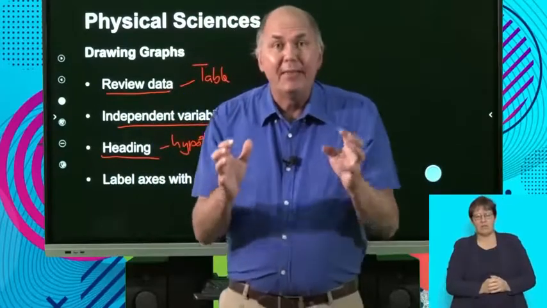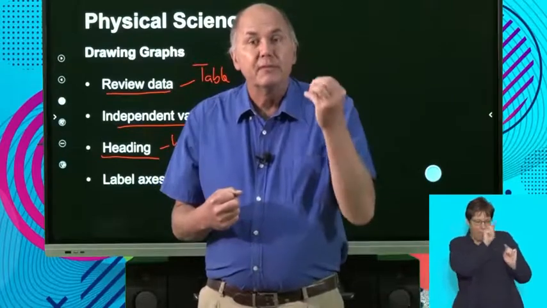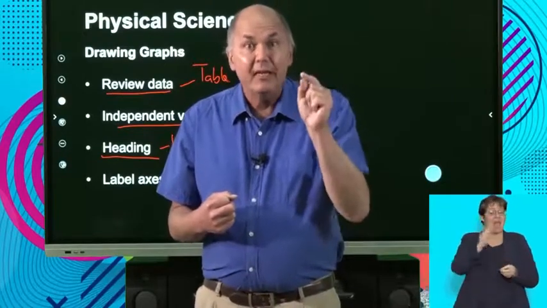They'll say something like velocity versus time. I prefer to be more descriptive in my heading, and I'll show you an example shortly. So please remember that you can earn a lot of marks and you can gain a lot of understanding from a graph if you put all the bits and pieces together. The heading is one of those.